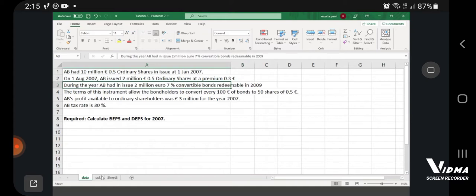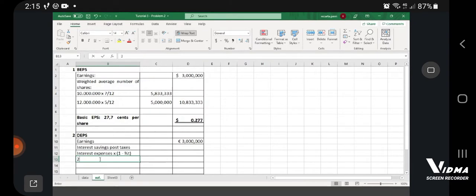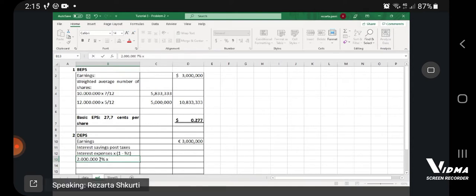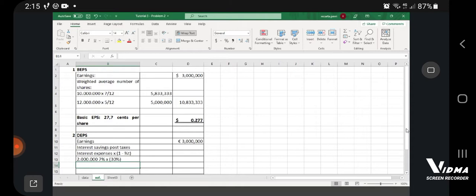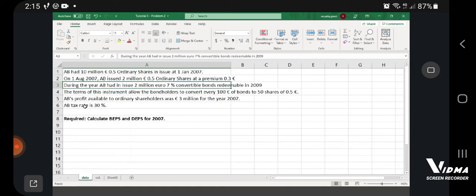That means that we calculate the interest expenses with 2 million multiplied by the interest rate, which is 7%, then multiplied by 1 less percentage of taxes. If I'm not wrong, it was 30% over there, but we can double check. So again, this is how we calculate the interest expenditure after taxes. Yes, the tax rate is 30% and the interest rate on the bonds is 7%.